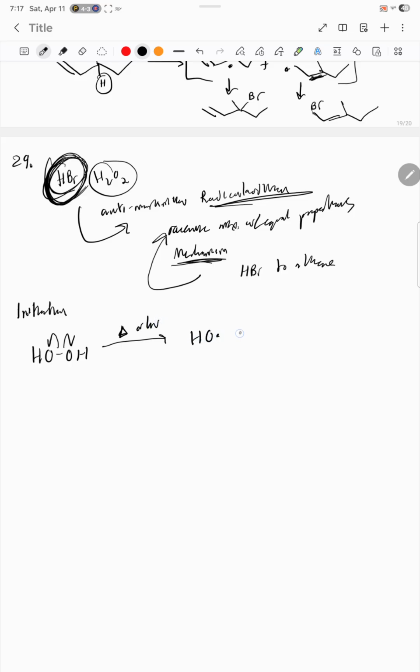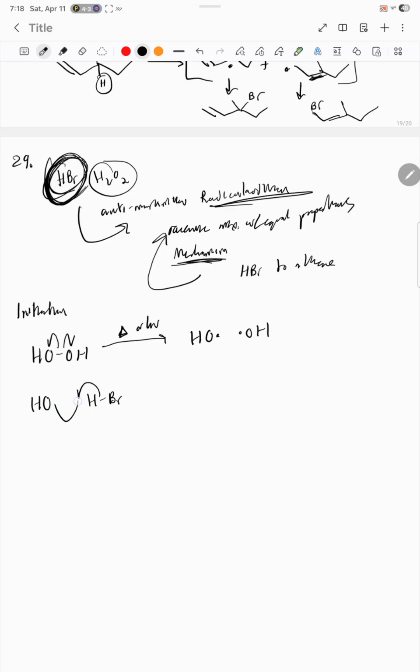That looks like this. And so now we need... it turns out abstraction can also happen in initiation. Let's say we had OH and HBr.